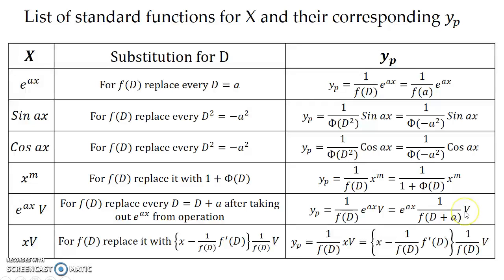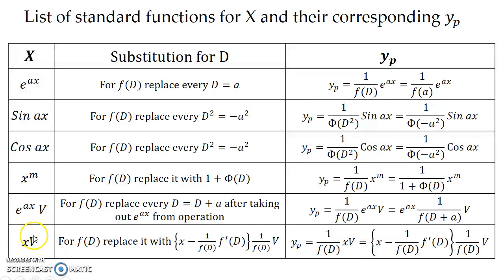Now v can be any other standard function other than e raised to x. That means v can be sin x or cos x or x raised to m, since till now we already know these three standard functions. Again, in detail what is to be done exactly, in the example we will discuss later in the successive video lectures.